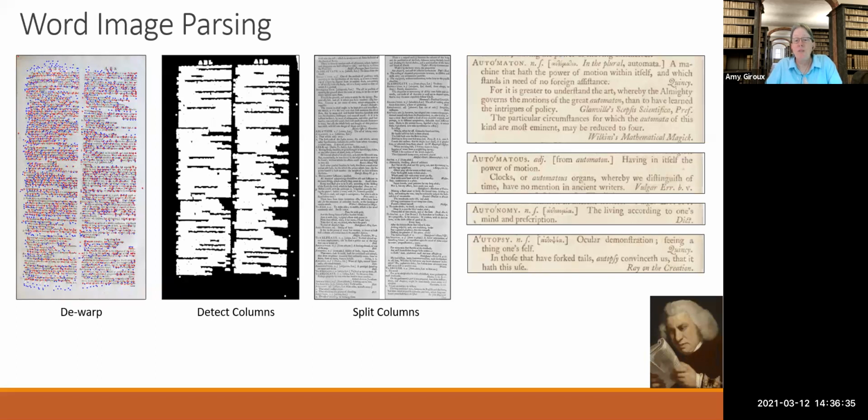But since we received the high resolution scans very recently from the University of Florida, thank you very much, I'm in the process of getting this process set up again so that I can start parsing these new page images into the Word files.